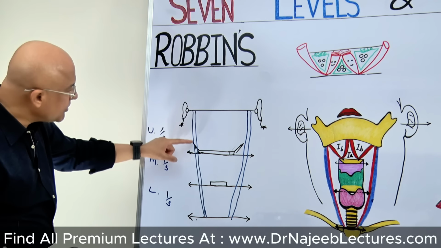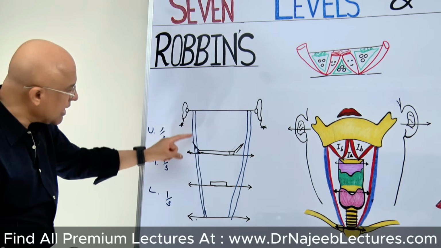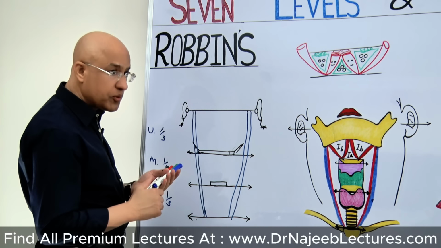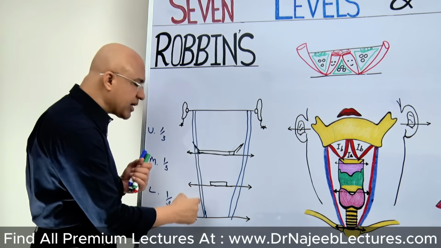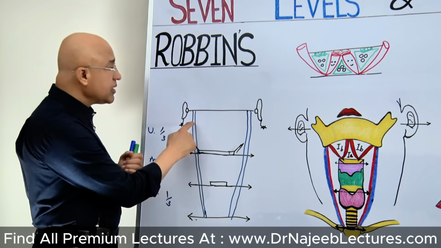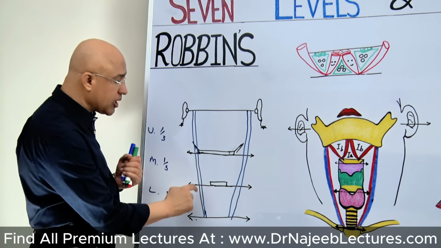Now, we have done these 3 levels here. These are deep cervical lymph nodes, also called jugular lymph nodes: upper jugular, middle jugular, lower jugular.